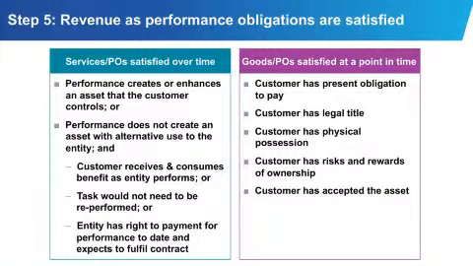Either the customer receives and consumes benefits as the entity performs, so perhaps maintenance or support, or the task would not need to be reperformed, or the entity has a right to payment for performance to date and expects to fulfil the contract.